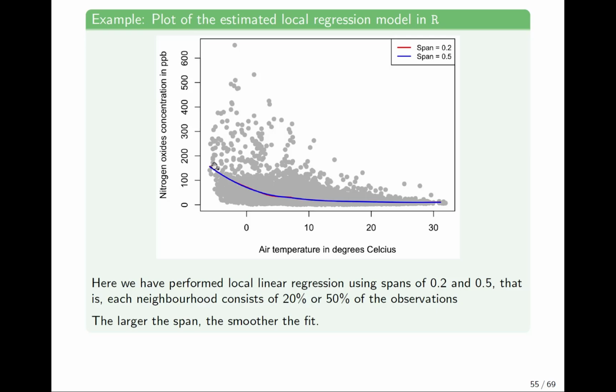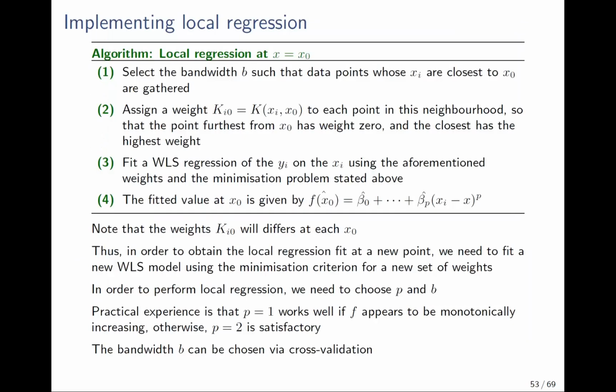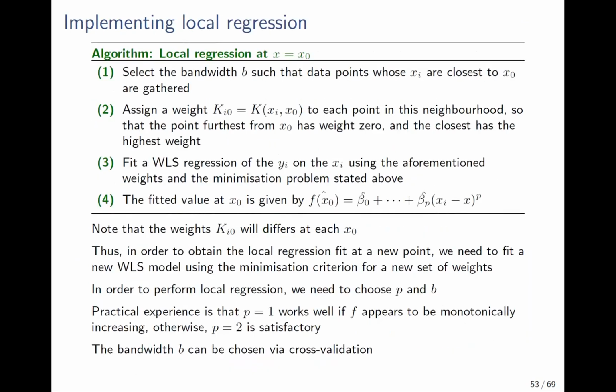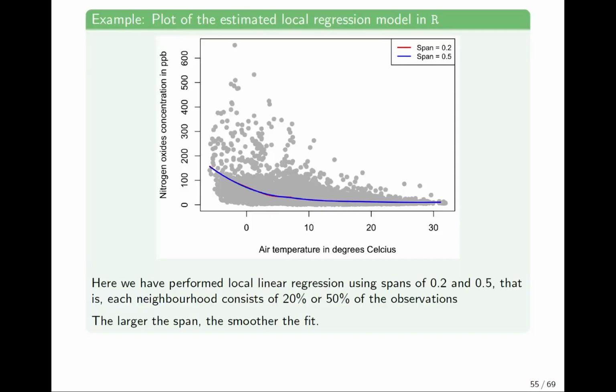As we can see, the larger the span, in the case of the blue line, the smoother the fit that we obtain from the local regression. So a different principle actually than regression splines, but the results we ended up getting are very similar. It is a different approach, and one that is certainly suitable in certain settings.